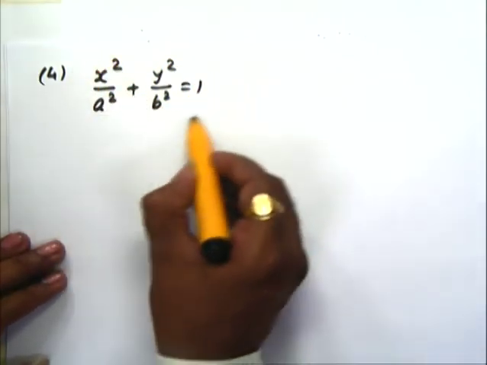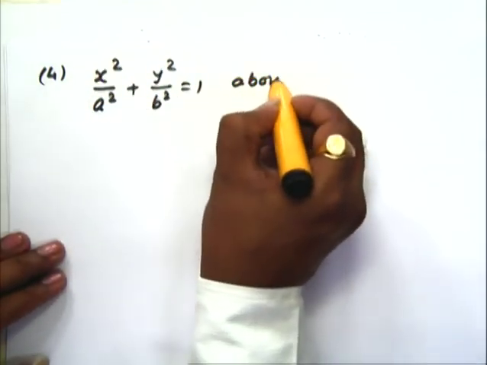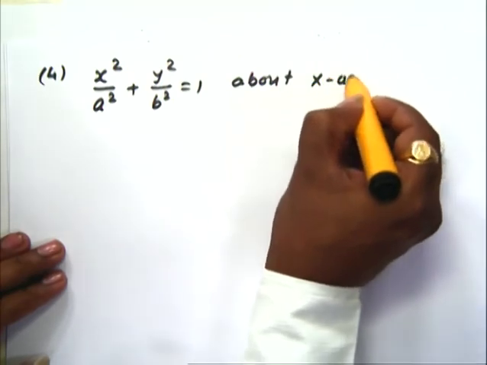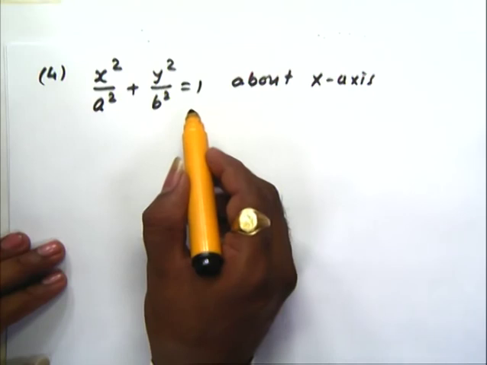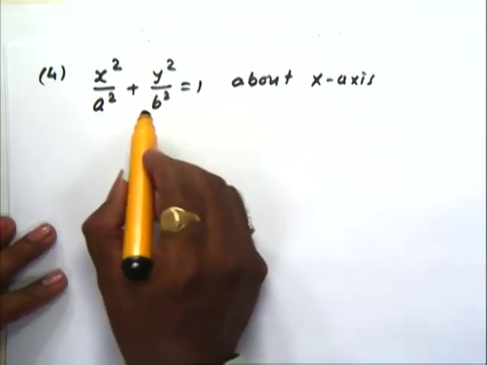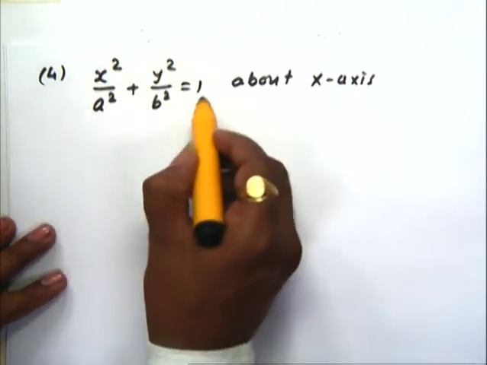If we rotate this curve about x-axis, then find the volume of solid of revolution. Now let's understand what this curve is. This curve is known as ellipse.